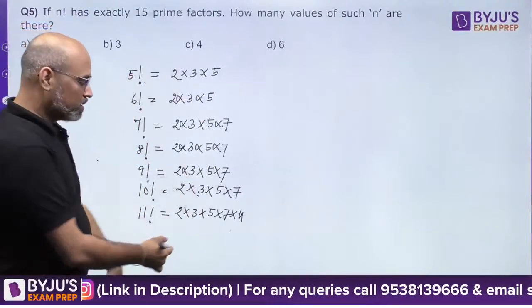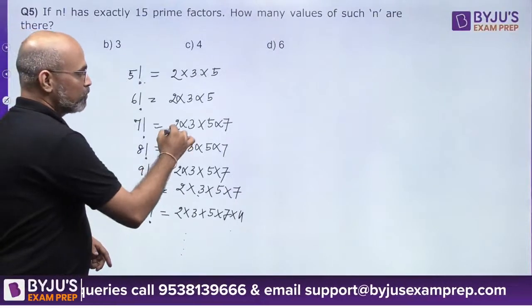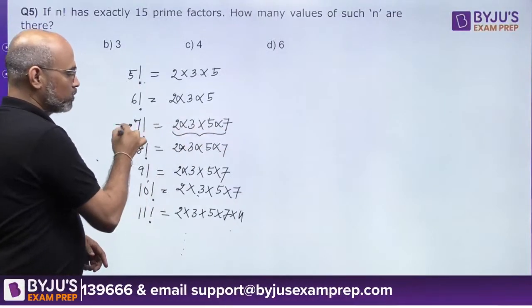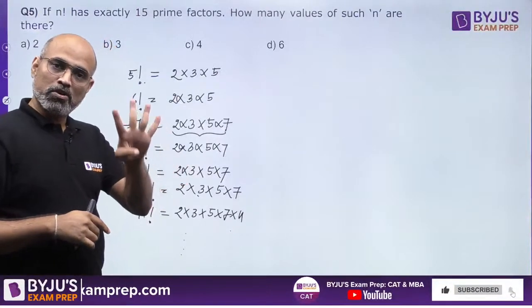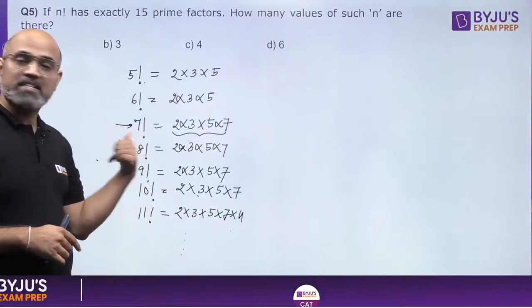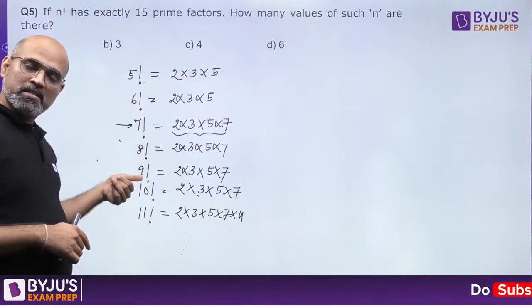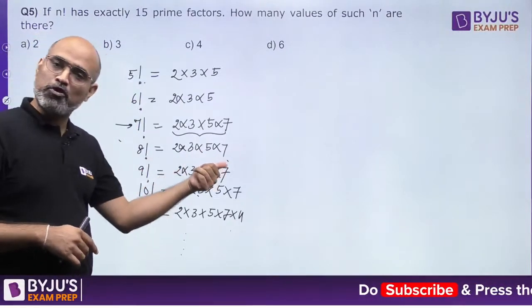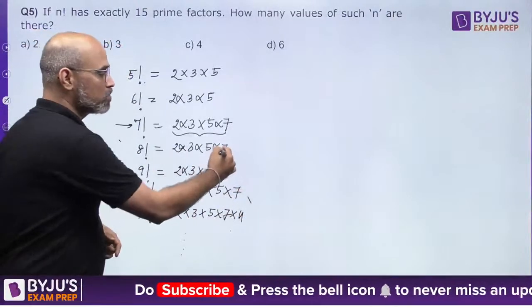So if you look at the pattern, what you'll realize is there are 4 prime numbers in 7 factorial. The first 4 prime numbers are 2, 3, 5, 7, right? So the first factorial made up of 4 prime numbers is 7 factorial. 8 factorial will be made up of the same 4 prime numbers. 9 factorial will be made up of the same 4 prime numbers, and so on and so forth.